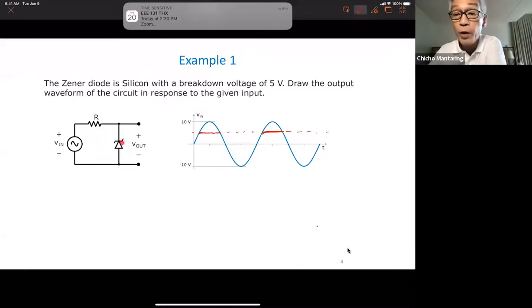And my voltage polarity is opposite, no? The normal polarity. So when V sub in is less than 0.7, so let's say this is 5 volts, no? This is 0.7. This will be my output, 0.7. Then in between the two, my input will be equal to my output. Okay, so this is my output.